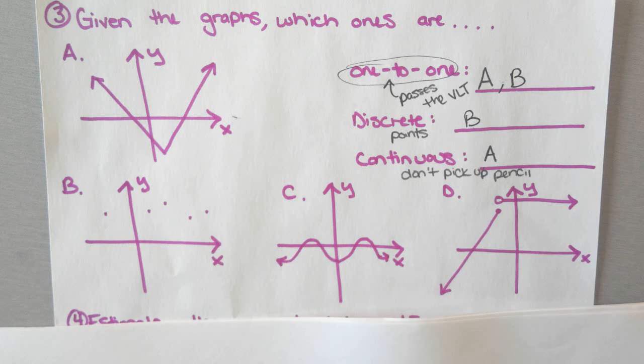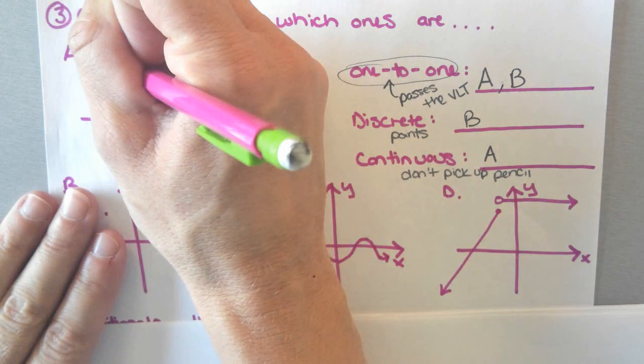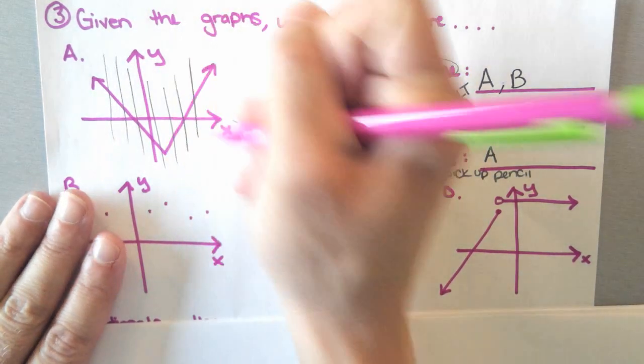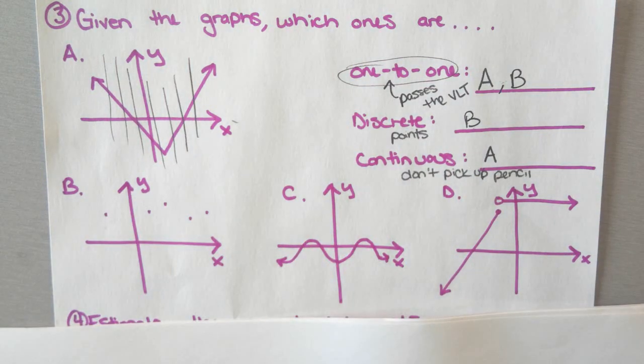Who wants to help me with graph C? What's the vertical line test? The vertical line test is when you pass vertical lines through the graph, like this. If the vertical lines touch more than once at any place, then it's not a function.